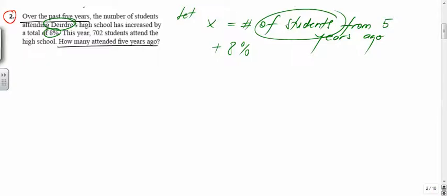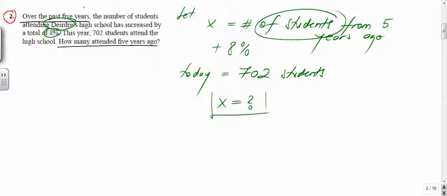Now we know that this year, today, we have 702 students, right? We need to find how many students were in attendance 5 years ago. We need to find that x, okay?